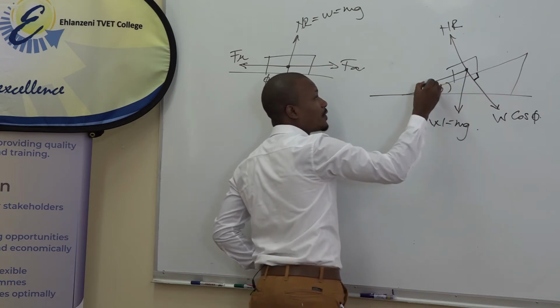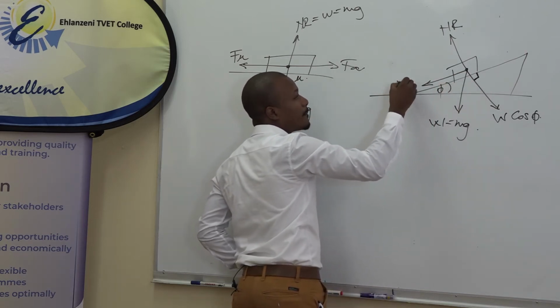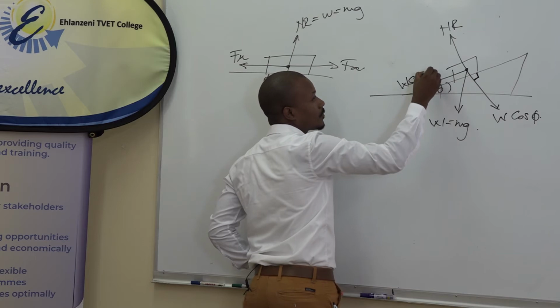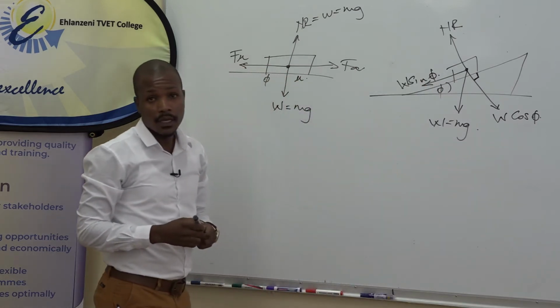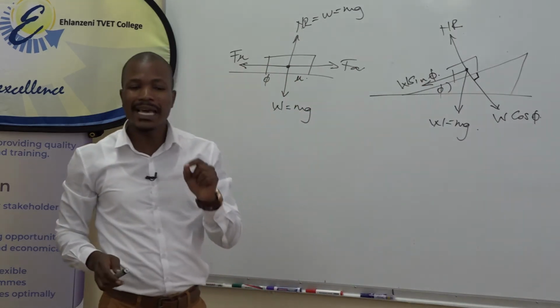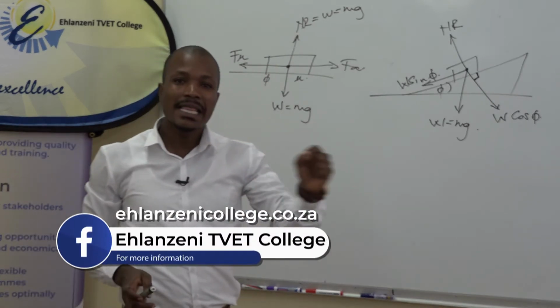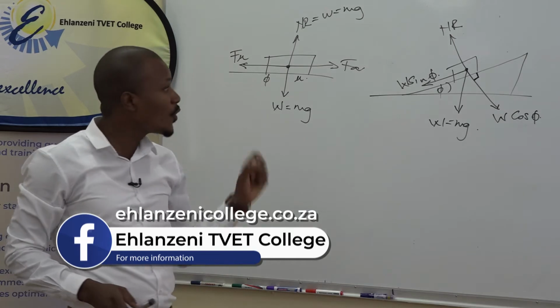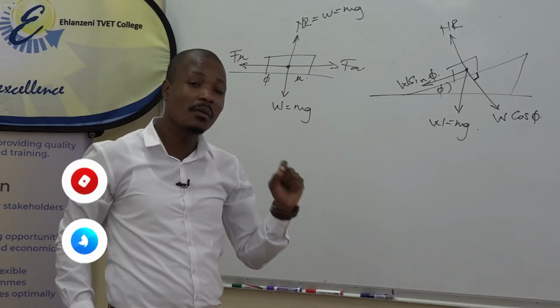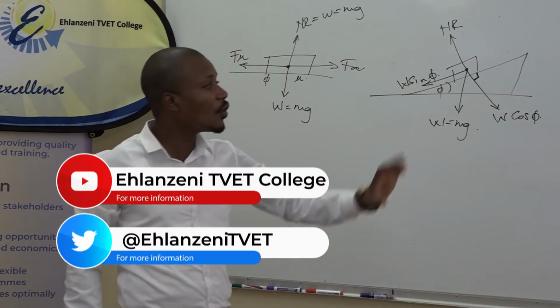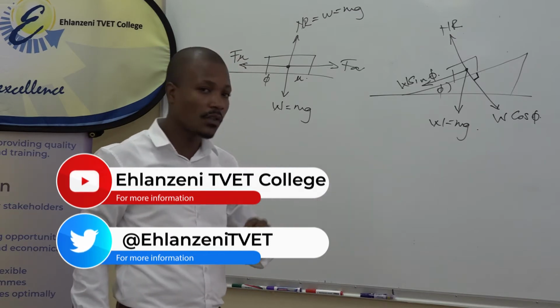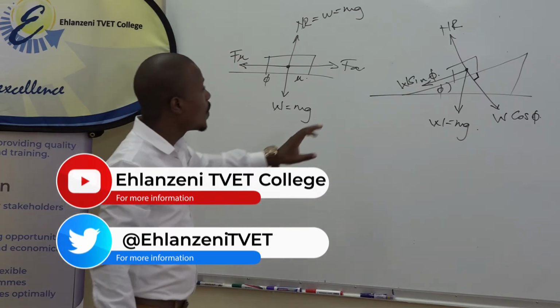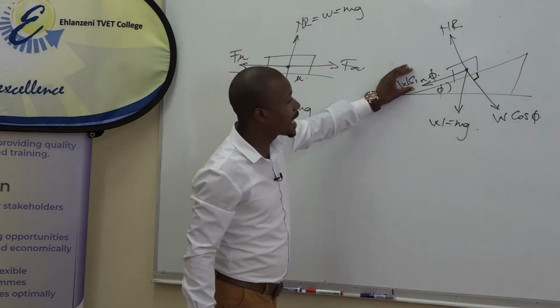And again, we also have the weight component parallel to the inclined plane. That is the weight which forces this particular object to slide down. We normally use that to calculate the minimum force required either to move the object up or to move the object down. So we have our weight component parallel to the inclined plane.